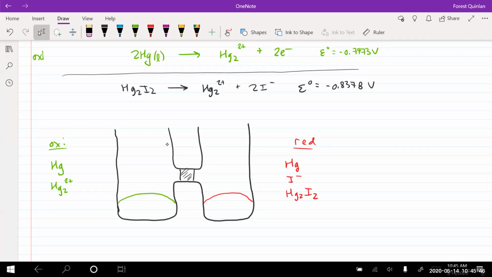So how are we going to hook them up if we don't want any of the wiring to see the system? We can't just say, hey, let's drop a copper wire in here, because copper will suddenly be in the solution. That would be bad.